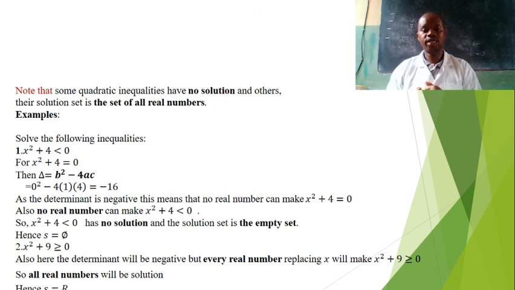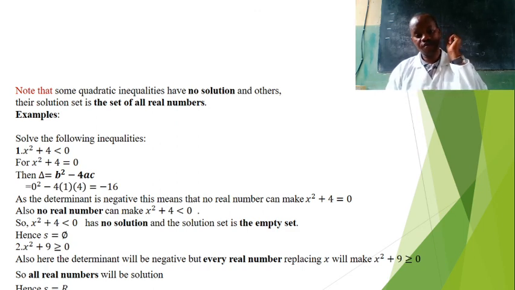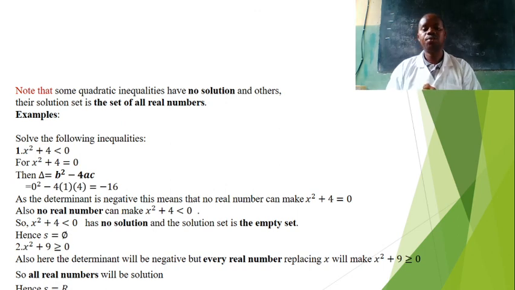If we think critically, every real number which can be replaced by x, that number squared will be a positive number. If added to 9, you will get a positive answer, and a positive number is always greater than or equal to 0.